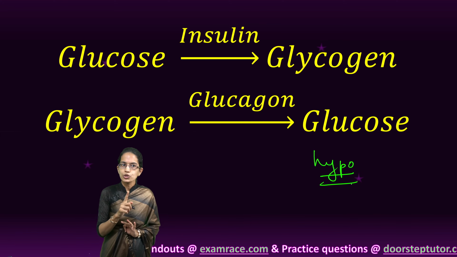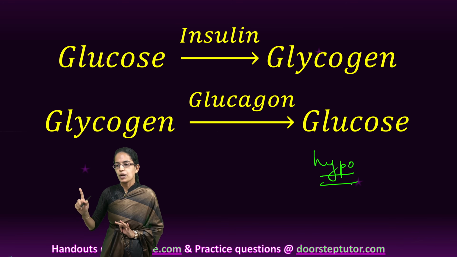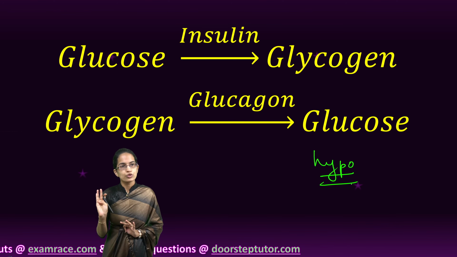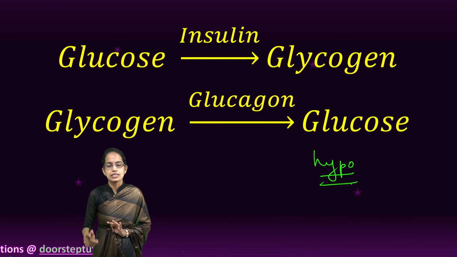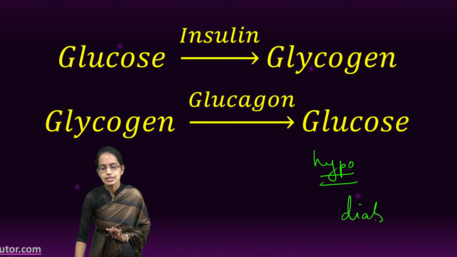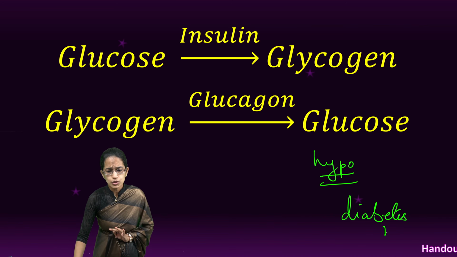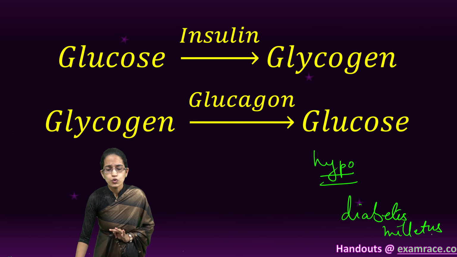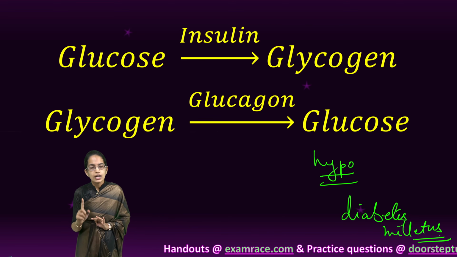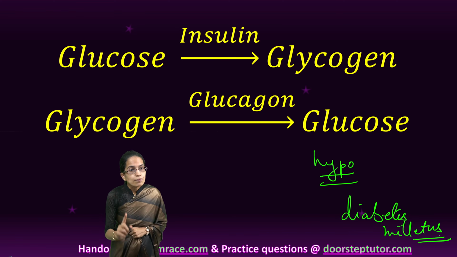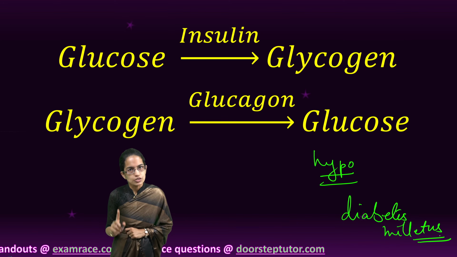If there is more sugar in the blood, that sugar would be passed through urine, high level of glucose in the blood, and this is responsible for a disease which is known as diabetes mellitus. So, diabetes mellitus would be the disease which would occur because of hyposecretion of insulin.